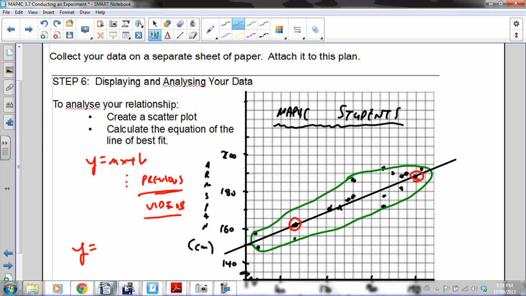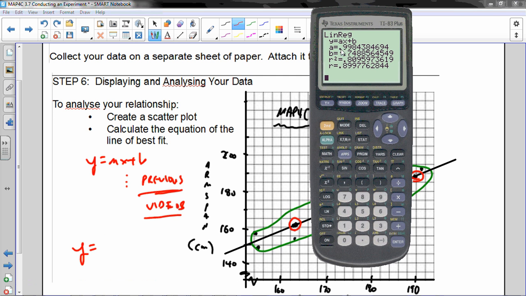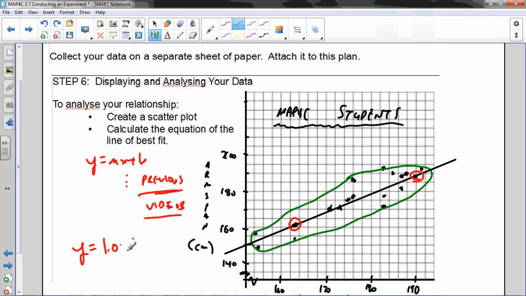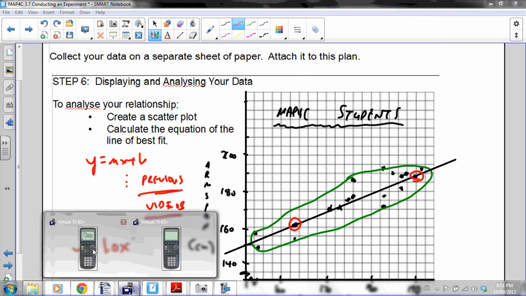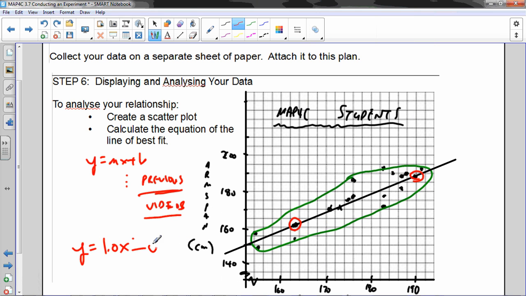It's almost slope 1. 0.998. I'm just going to write that as 1.0. And then the y-intercept is negative 0.7. There's your line of best fit.